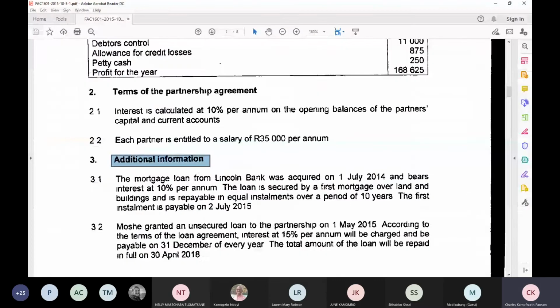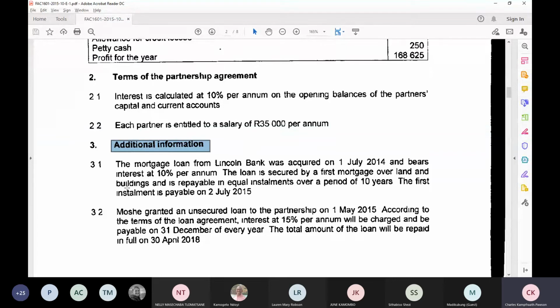But it also doesn't state when interest is payable. So it's kind of a 50-50 on whether we paid the annual interest when it was due. Should we still accrue for it? It's a 50-50. The information is silent.